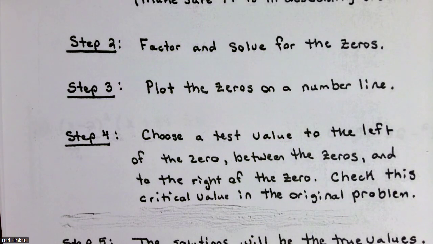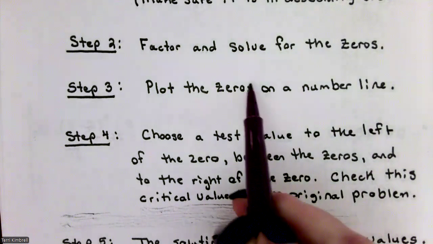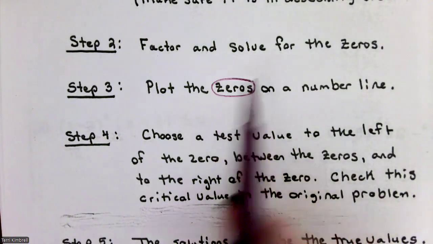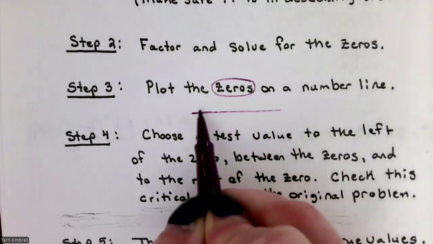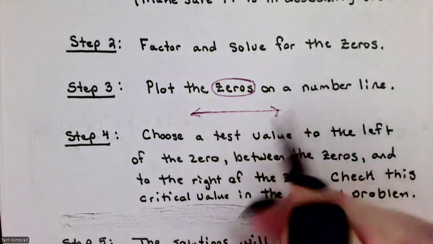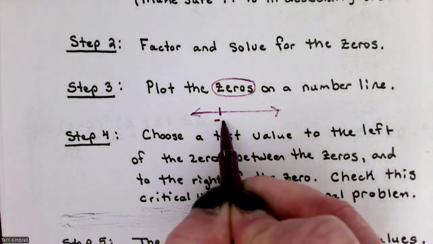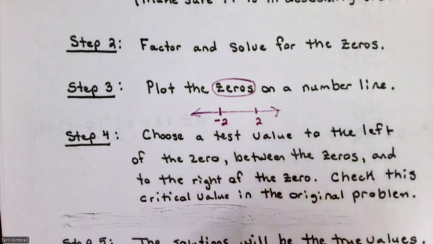And you're going to take these points that you have picked and plug these into your inequality. Okay, so these are going to be our test points. The zeros that you find are going to be your critical values. So they're going to be on a number line. So whatever point, we'll say that we maybe have -2 and +2.